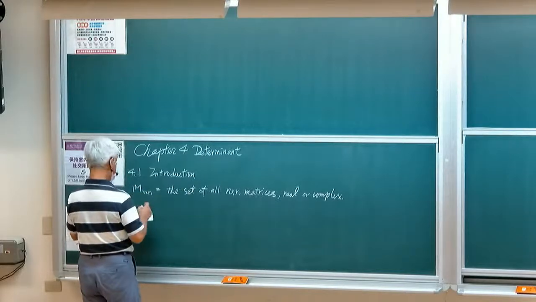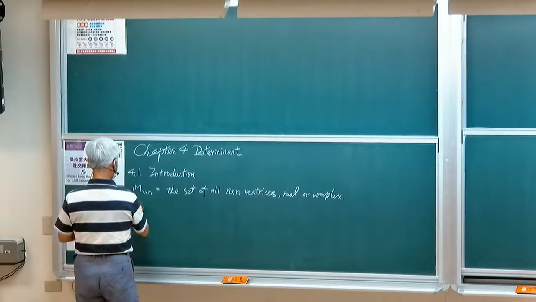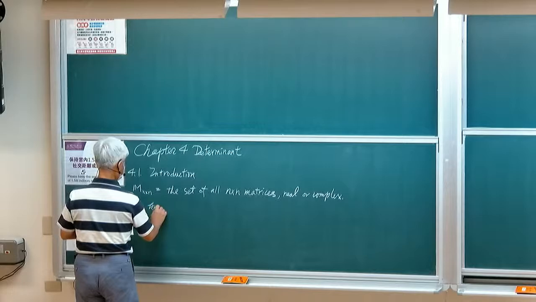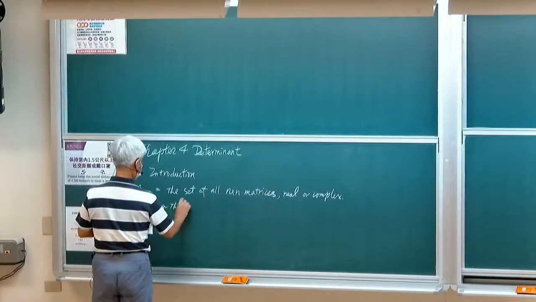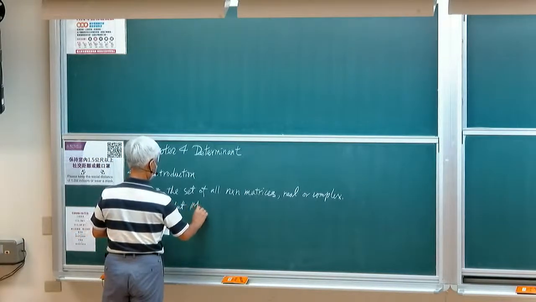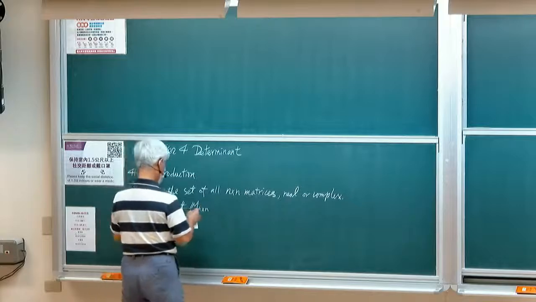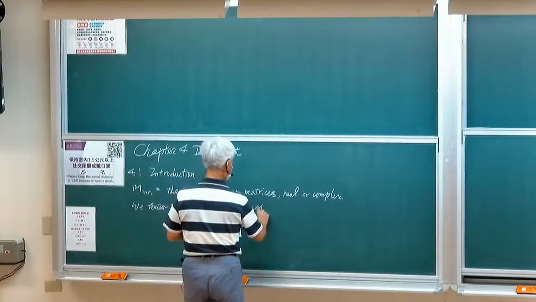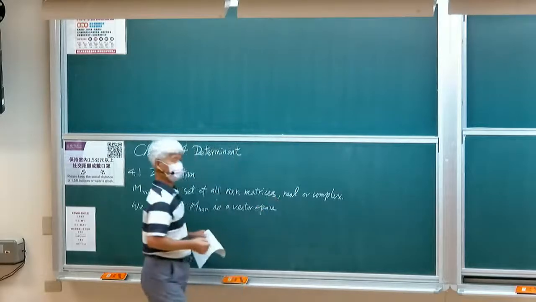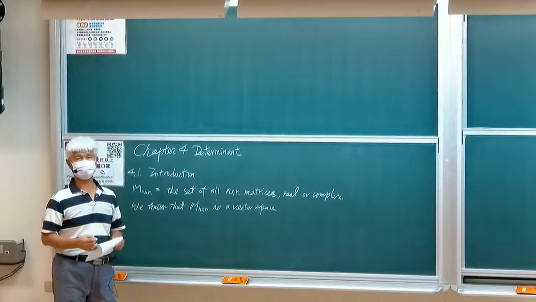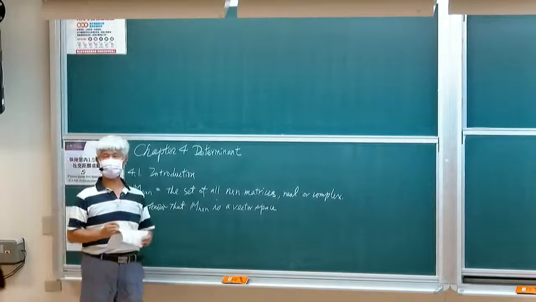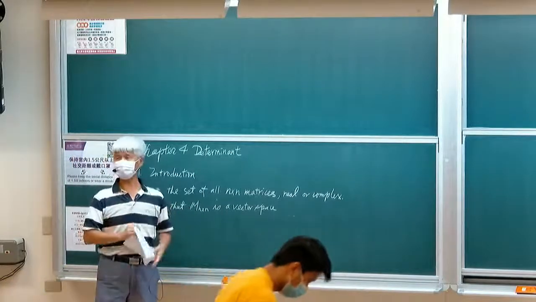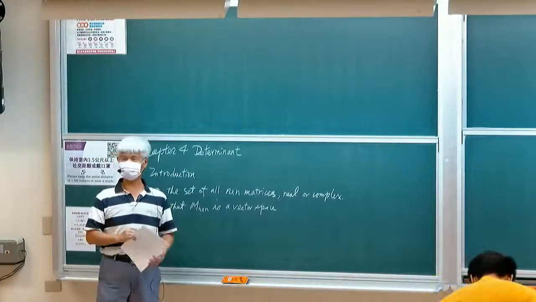Okay, so we know that M n times n is a vector space. The addition is just the addition of two matrices, and the scalar multiplication is just a scalar multiplied with a matrix, just as usual.